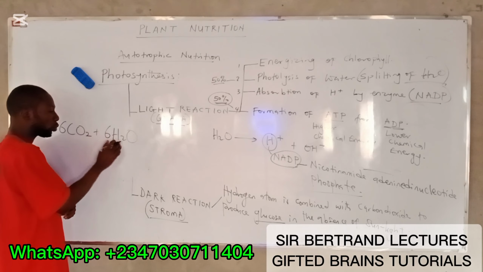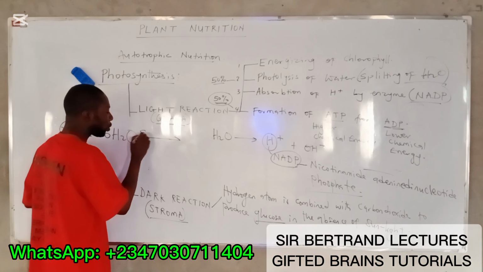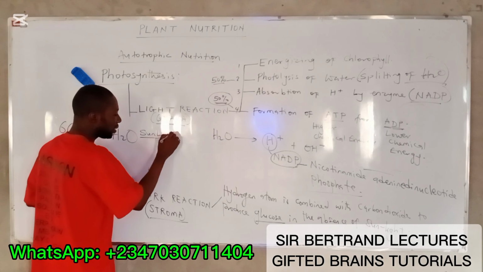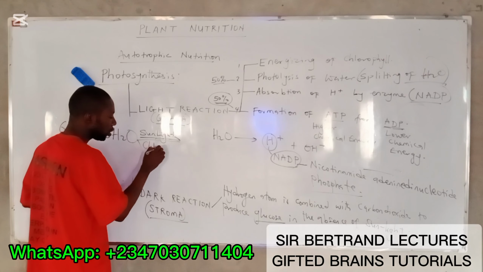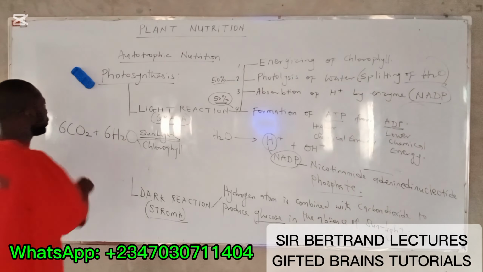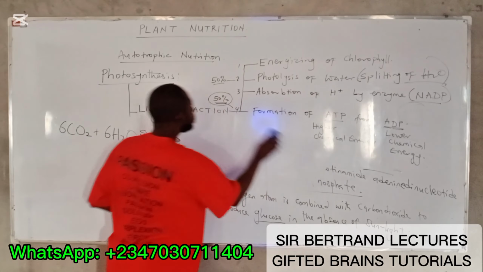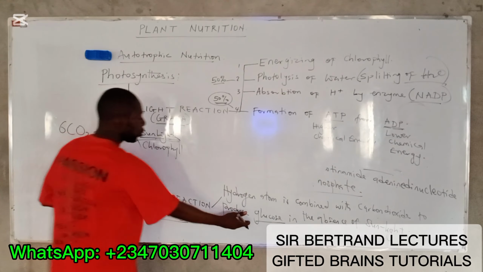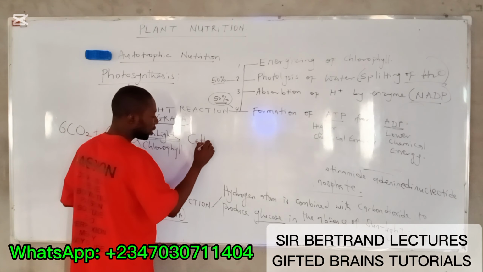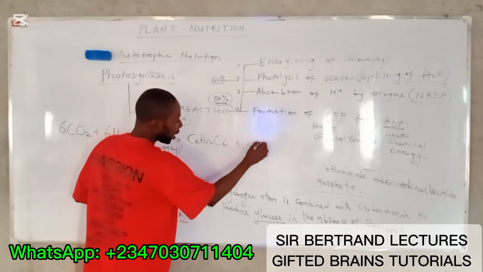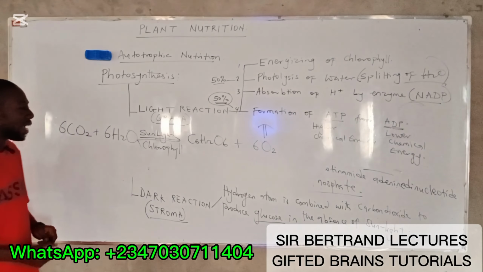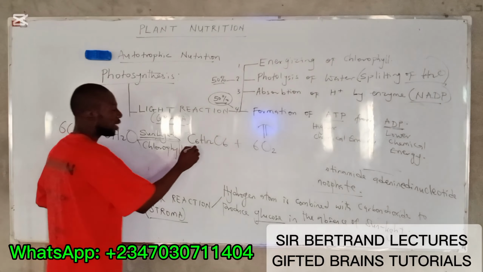Remember, this is 6 molecules of water in the presence of sunlight, using chlorophyll. Are you following? Using chlorophyll to produce the first stable product, which is the glucose here. Glucose is C6H12O6 and 6 molecules of oxygen gas, which is given off as a byproduct. All right? Here is the glucose.